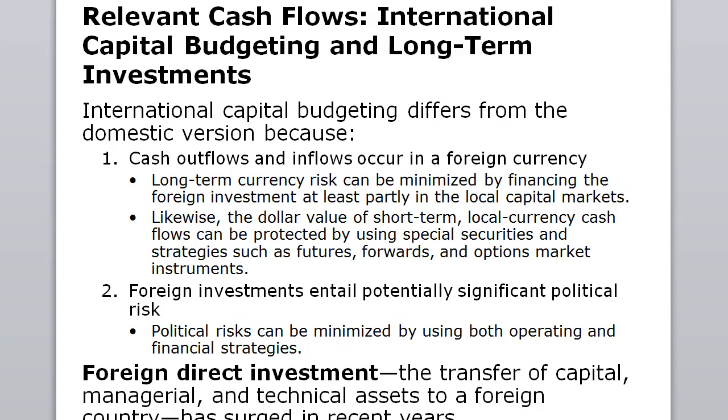So it's really foreign direct investment, a transfer of capital, managerial and technical assets to a foreign country. And it's a very popular thing to do because corporations are quite large and they're going to operate in multiple countries around the world.